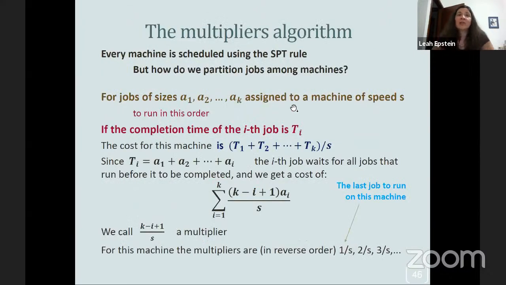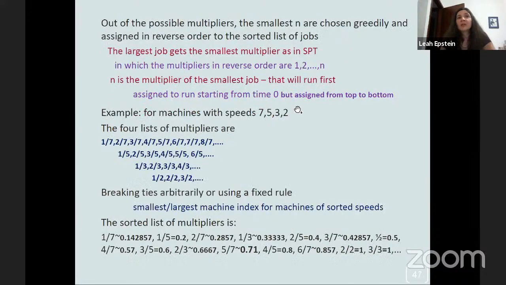So the first algorithm, the non-preemptive one, is the multipliers algorithm. You're probably familiar with it. Here's an illustration with numbers. You find the multipliers that the sizes of jobs would be multiplied by if you assign them as the last job of a machine.